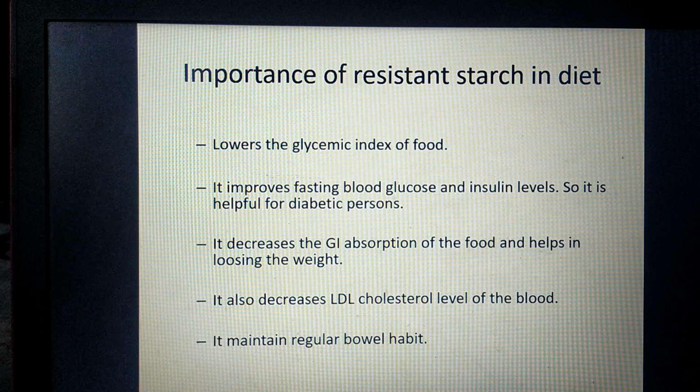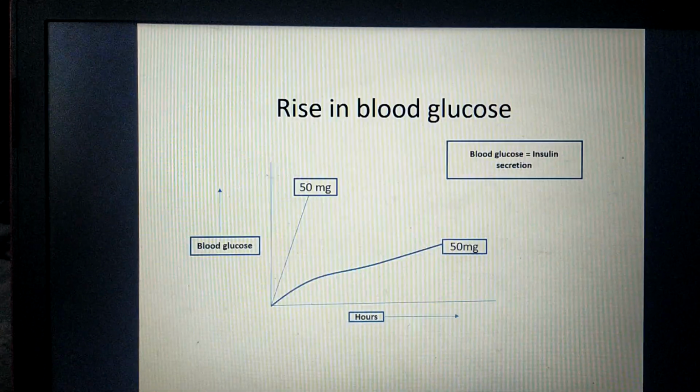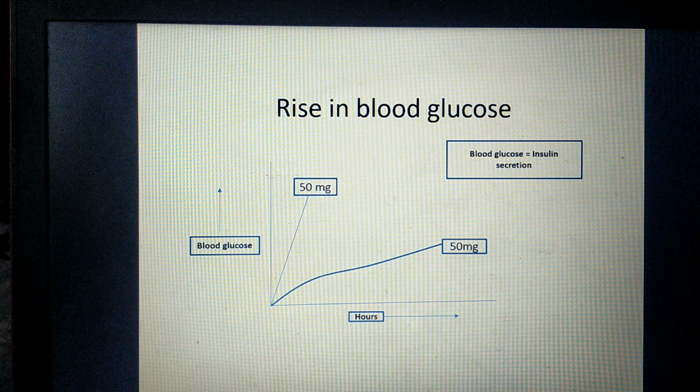Resistant starch, as I have told you, has a laxative effect, so it maintains regular bowel habits. This is the diagrammatic representation of rise in blood glucose showing the glycemic index. First two foods are there, both consumed in the same amount, that is 50 milligram.